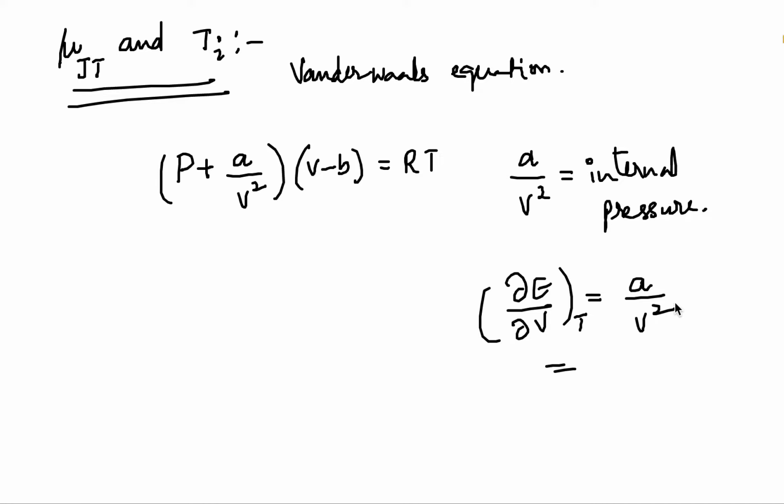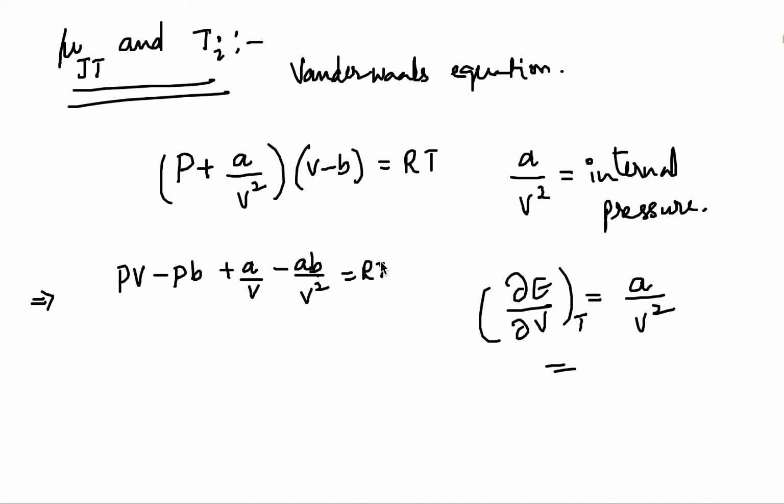Now let's try to arrive at the expression for mu JT and Ti. If we multiply these two linear polynomials, what do we get? PV minus Pb plus A over V minus AB over V squared is equal to RT.